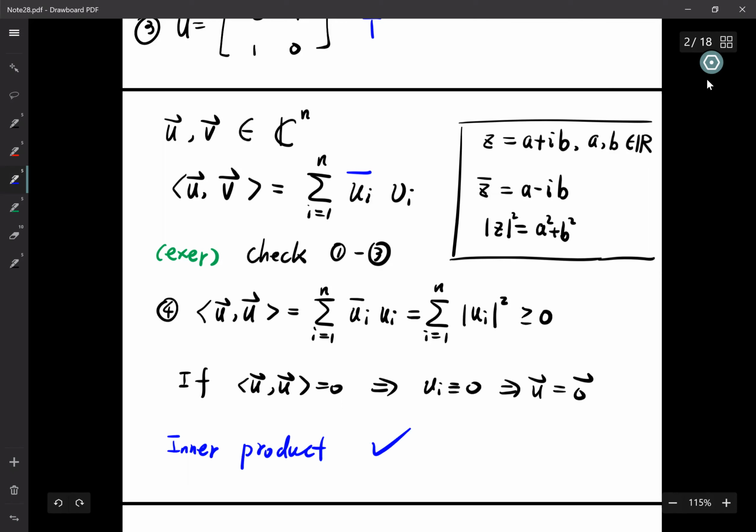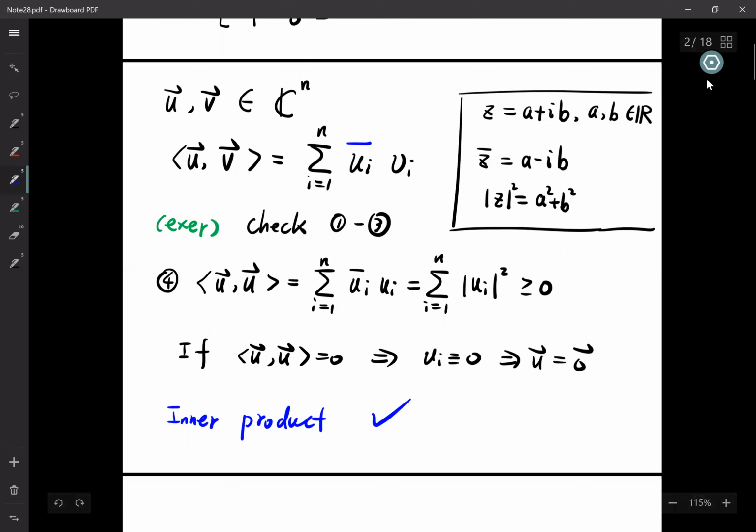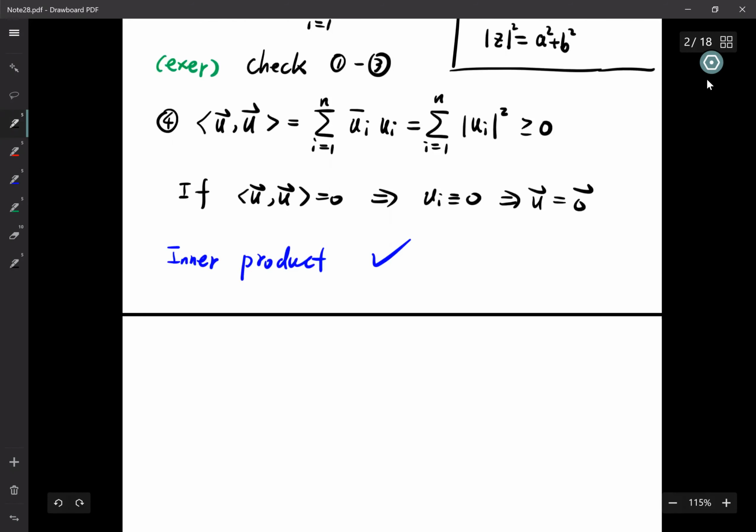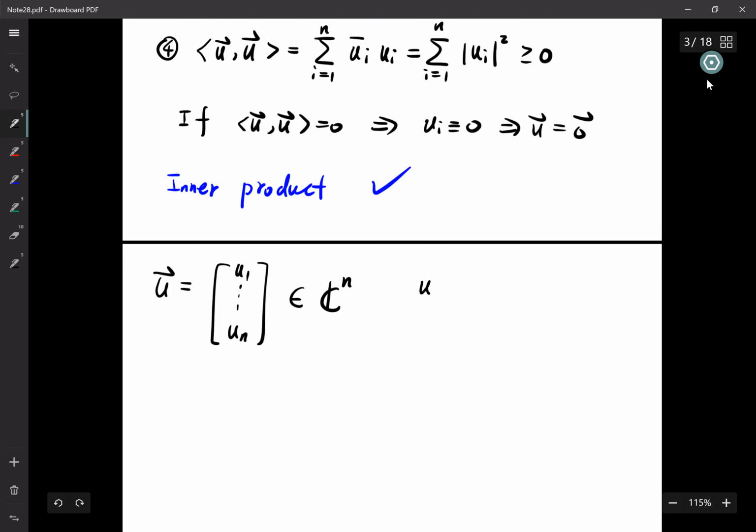Any question? Let me introduce some notation. If I have u to be u1 through un, that is in C^n, then when I write u bar, this means still a column vector, u1 bar through un bar. This is element-wise complex conjugation.